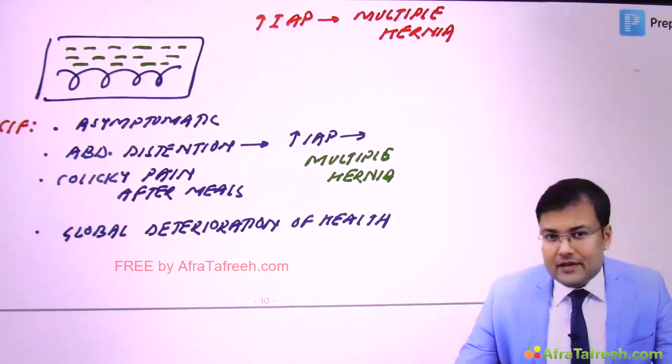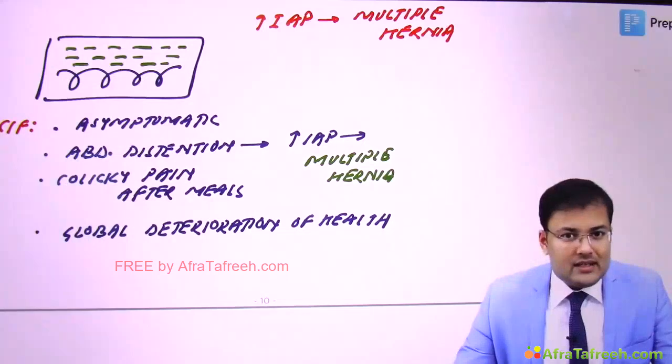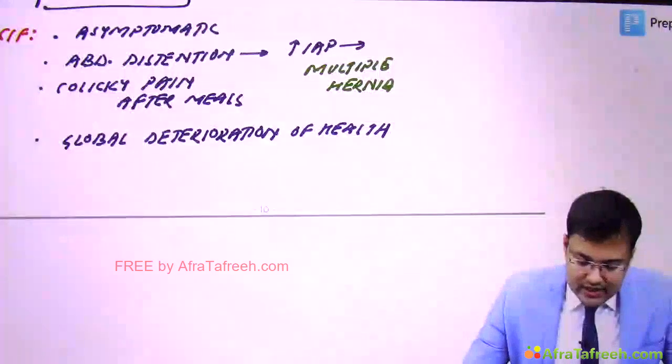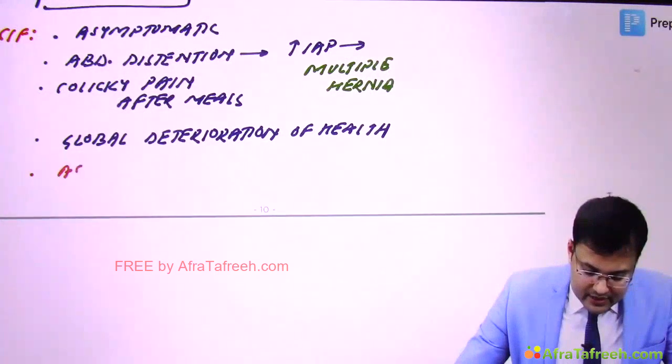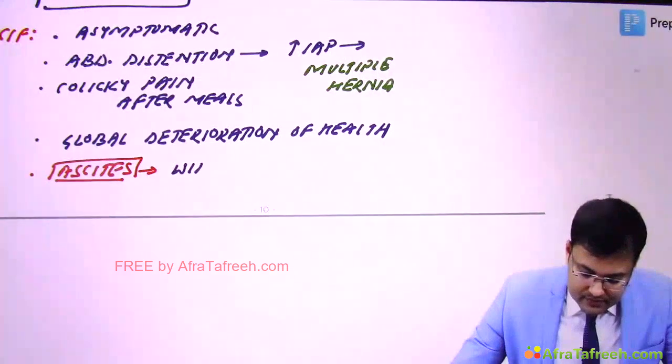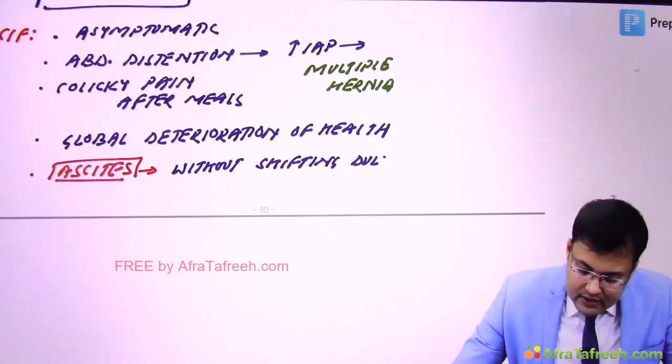So how can you differentiate this ascites from normal ascites? In this case, there is no shifting dullness. So on examination, you are going to find ascites without shifting dullness.